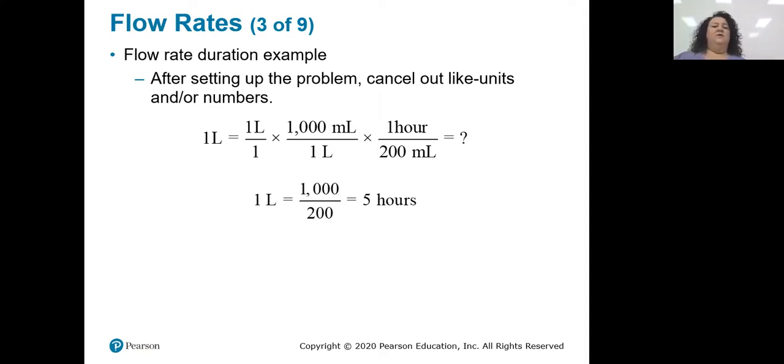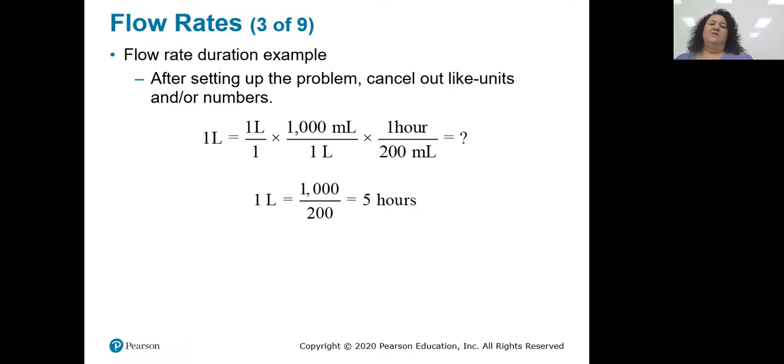So they've got those equations set up there. We could cancel out liters from the first and second fractions listed there. And then mLs gets canceled from the second and third fraction listed there.